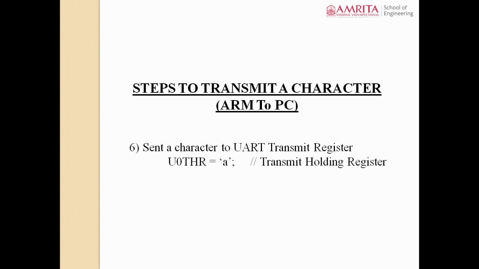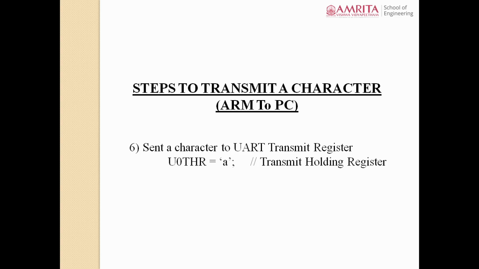In UART peripheral, you will be having a shift register. What is the use of shift register? It is used for converting parallel data into serial data. So here you are using parallel to serial shift register in the case of transmission function, right? So in your UART transmit function, you are using parallel to serial shift register.